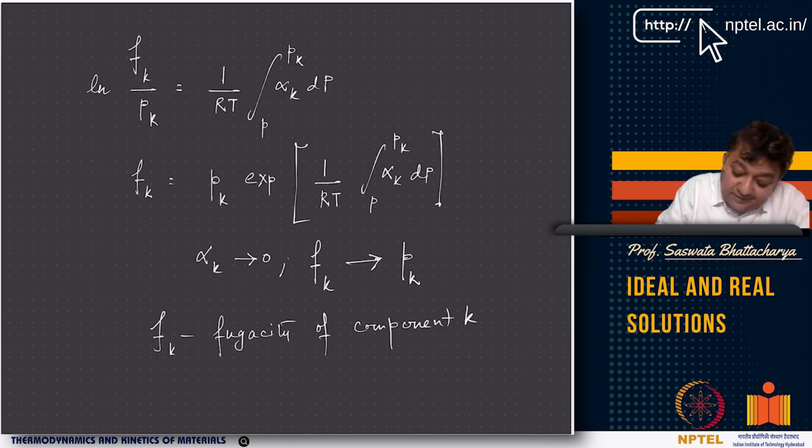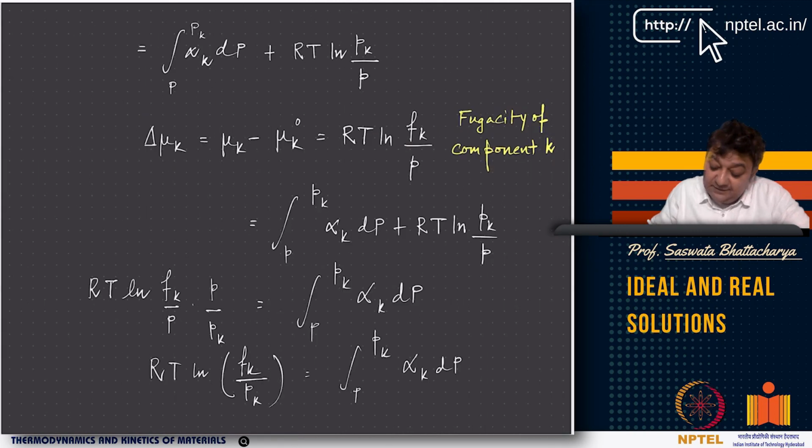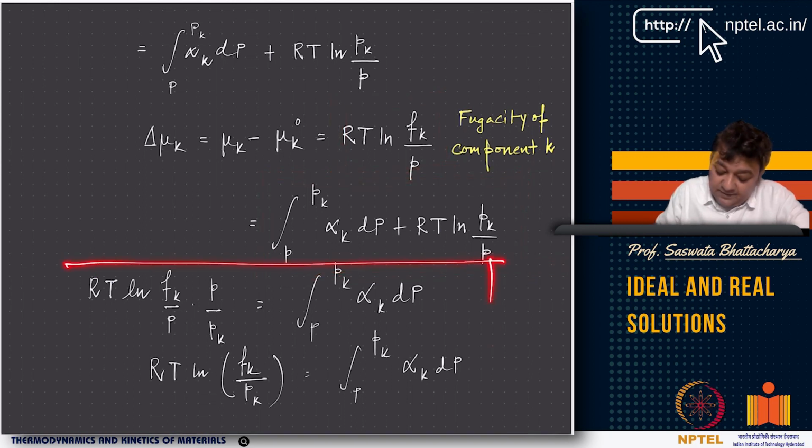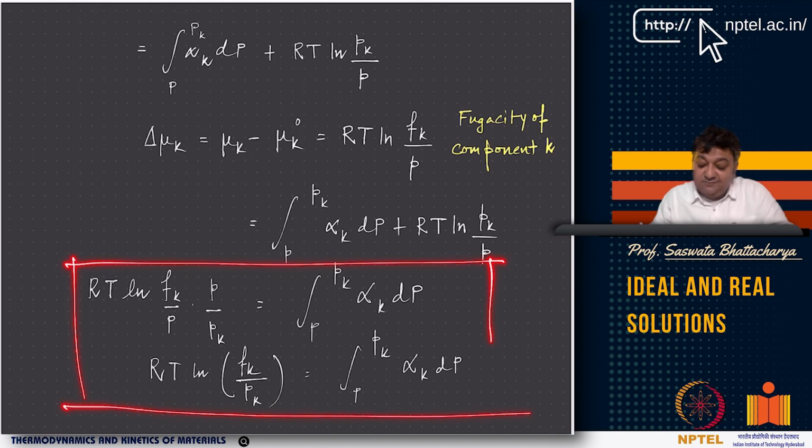Now you have this delta mu k, you have this term, and you have RT ln Pk by P. Now you are telling that this is the same as this, and that is why you can write this term. You can do a little bit of algebraic manipulation to show it.